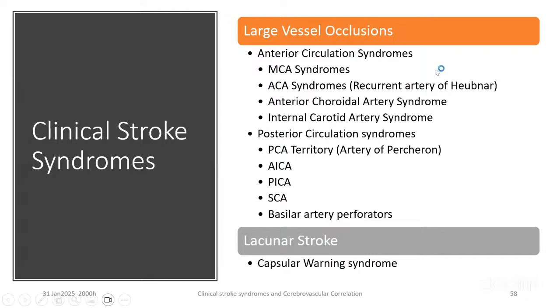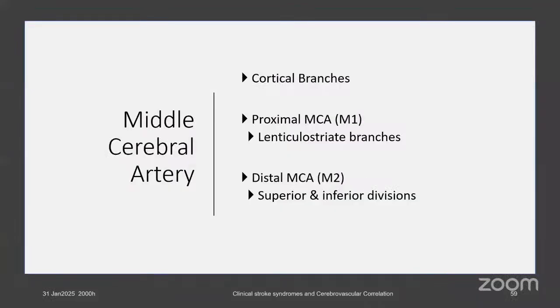Similarly, in the territory of posterior circulation, you have PCA territory infarcts, including artery of Percheron infarct, anterior inferior cerebellar artery, posterior inferior cerebellar artery, superior cerebellar artery territory, basilar artery perforators. So all these branches, if they are occluded, give rise to various syndromes.